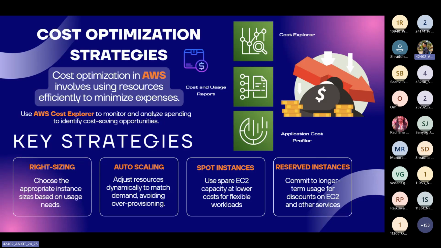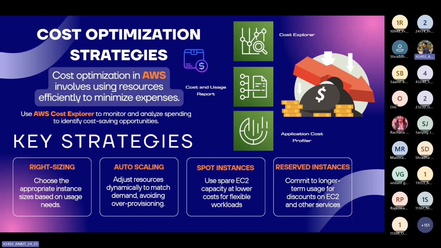Cost optimization helps us use all our resources efficiently and minimize our expenses. So you can use AWS Cost Explorer to monitor and analyze spending to identify cost saving opportunities. Like the example I gave you in the earlier slide, like you were using a compute optimized instance when you required only a tiny EC2 instance.